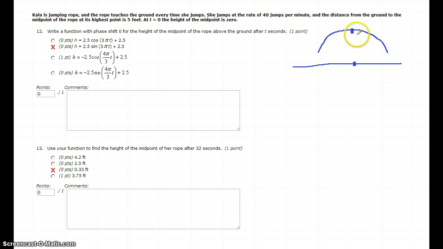And so this height from the ground, over time, as she is skipping rope, first starts off at 0, and then it goes up, and then it goes back down again, and then it goes up and back down again, and it's going to repeat itself over and over. This is what we call a periodic function.